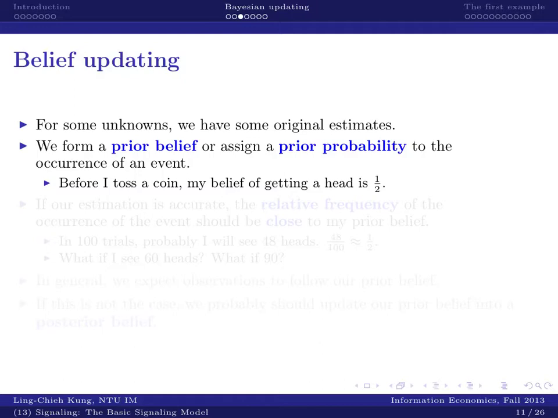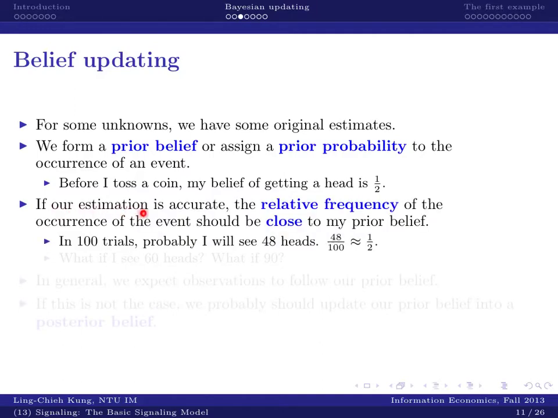You need to assign probabilities to the 6 possible outcomes. When I give you a coin, you form probability by assigning 2 numbers, and certainly the sum of them will be 1. So for example, you believe that the probability for getting a head is 1/2. That is your prior belief before you do any experiments.